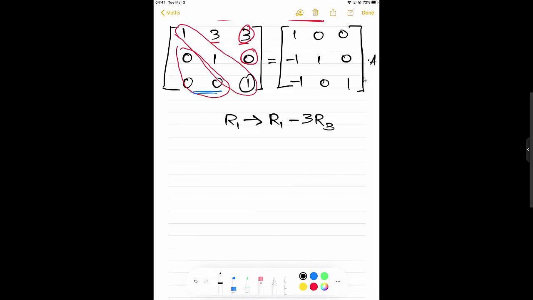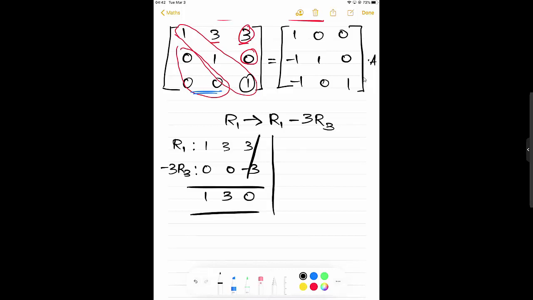When things go complicated, it is always a best practice to write like this. So the row 1 is 1 3 3 and minus 3 row 3, which is 0 0 1, then minus 3. When you do a subtraction, we already know 1 minus 0 is 1, 3 minus 0 is 3, and this will change to 0.